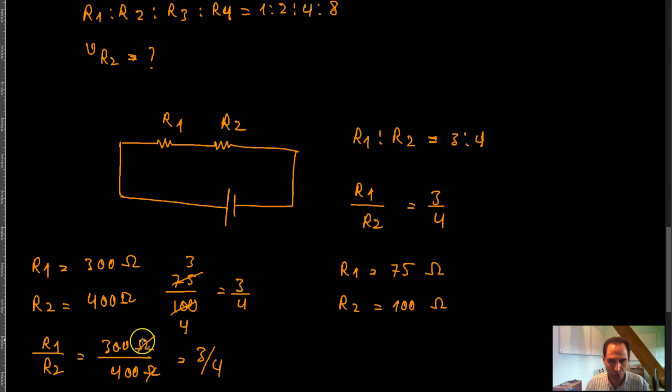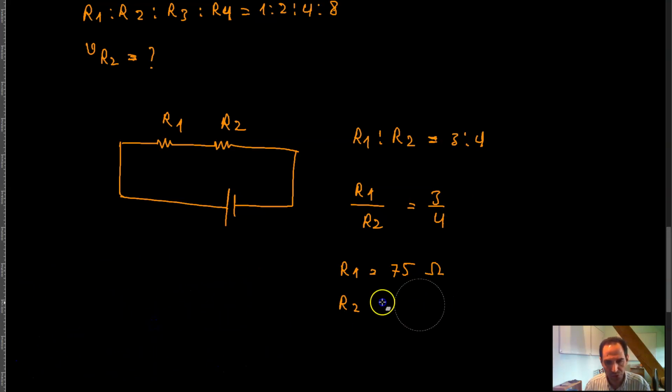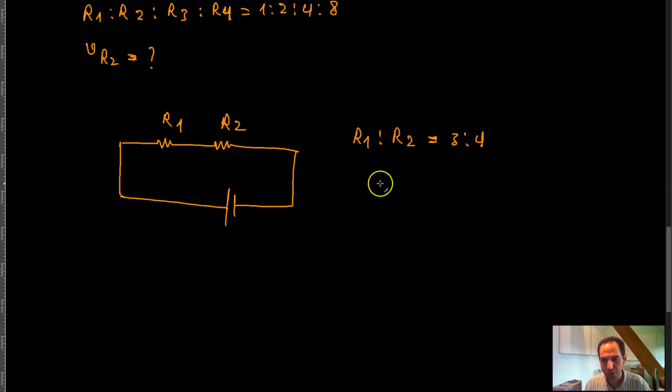So these are ratios. Sometimes you have to calculate something in your circuit, and the only information that you have is ratios. In that sort of situation, the simplest way to deal with it is that you basically take these two numbers that you get for the ratio, 3 and 4, and you simply add them together. 3 plus 4 is equal to 7.